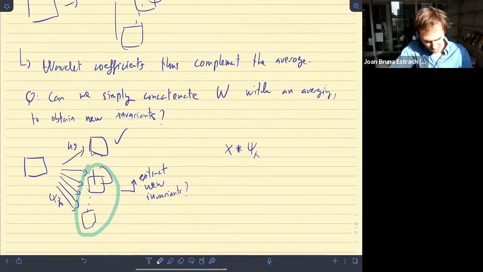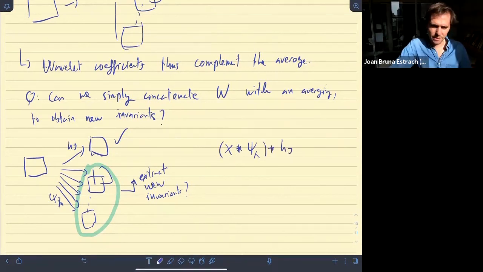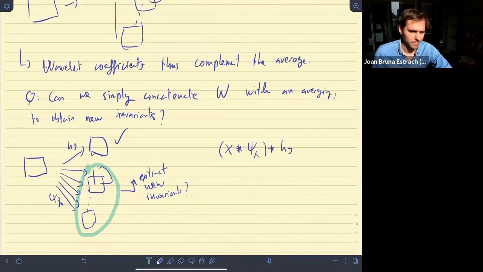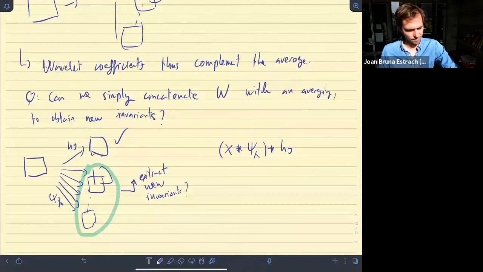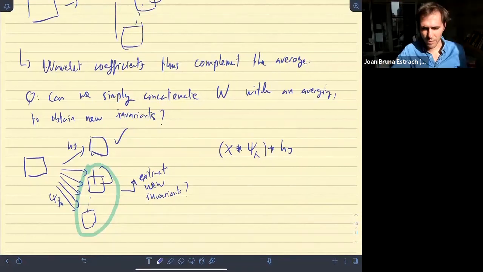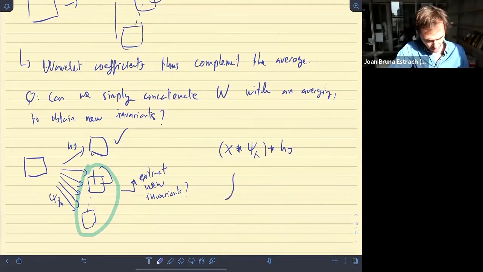So if I have this, maybe, and then I apply a low pass filter, what do I get? Well, in the extreme case where I just do the average, let's say that I just do translation invariance. So I just look at the average of X convolved with the wavelet.